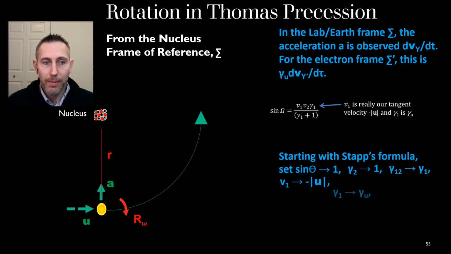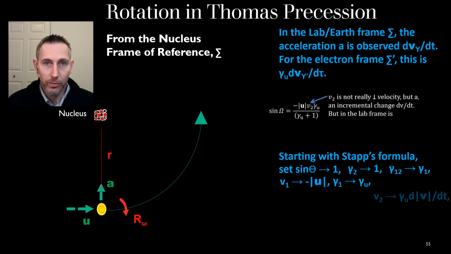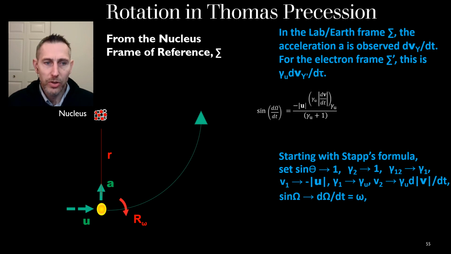V2 approaches gamma u times the incremental change in speed of boost v divided by the change in reference time. Omega also changes incrementally with change in time. For small change in omega, sine d omega approaches d omega. Factor out the Lorentz factor of the tangent speed.